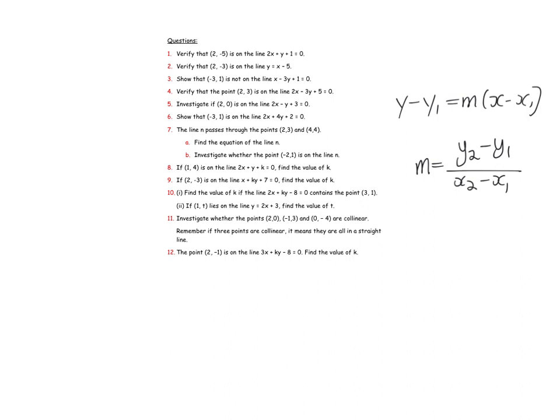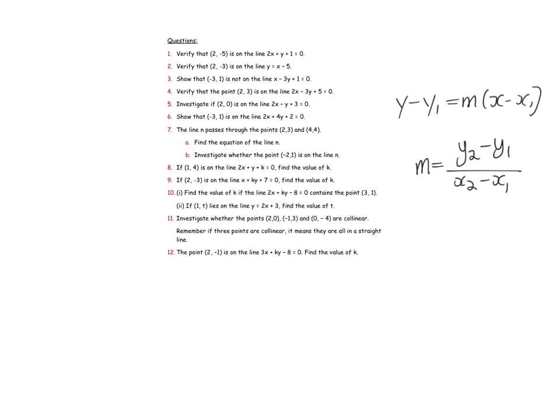Question 8, 9 and 10 are very similar to example 2b that I completed. Hopefully if you complete that, it will make those questions quite easy. Question 11 then asks you to investigate whether the points (2, 0), (-1, 3) and (0, -4) are collinear. Remember, if the points are collinear, they're in a straight line.